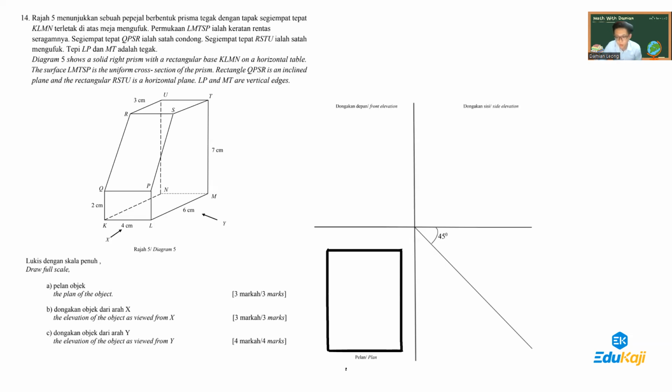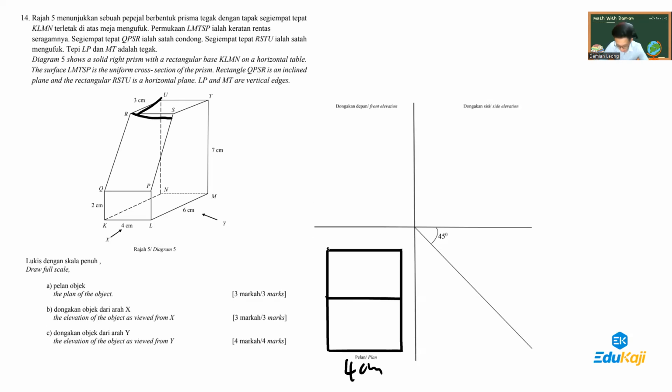Okay, so basically here is 4 cm, 6 cm. Then there is this one, 3 cm from one side, means I measure 3 cm. Then I have a horizontal line.